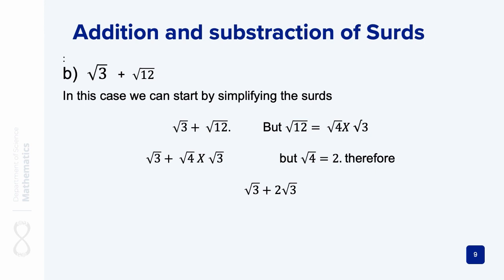So in this case, your expression is 1 times the root of 3 plus 2 times the root of 3. We simply add the numbers that are outside the roots, which is basically 1 plus 2. And in the end, you are left with 3 times the root of 3.